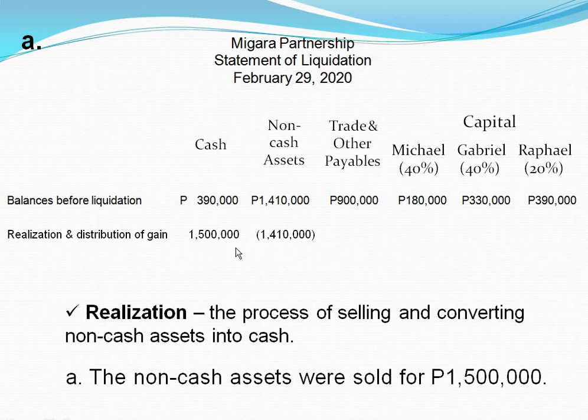So, 90,000 gain times 40% equals 36,000 for Michael and for Gabriel also, because both of them have the same profit and loss sharing ratio of 40%.